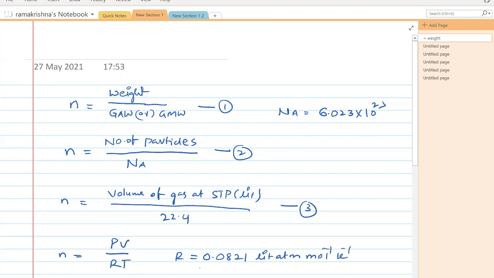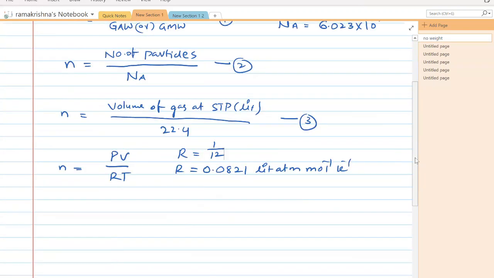That means whenever we use the R value 0.0821, the volume must be in liters and the pressure in atmospheres. To get fast answers, instead of 0.0821 you can take 1 by 12. That gives us fast calculation. So these are the formulas we discussed in the last video.